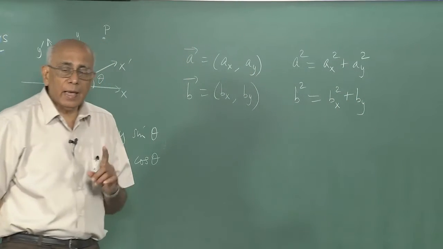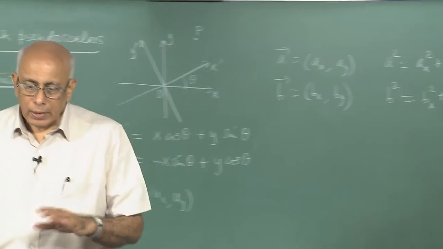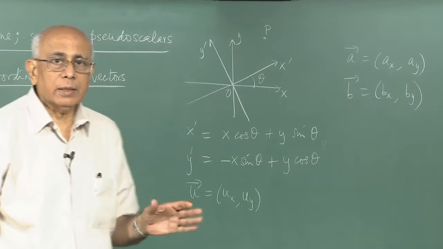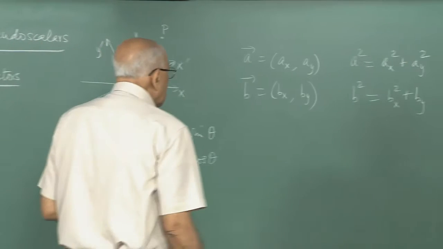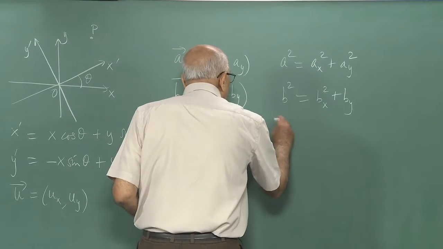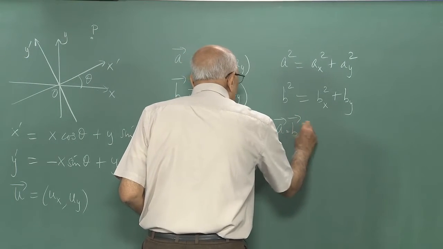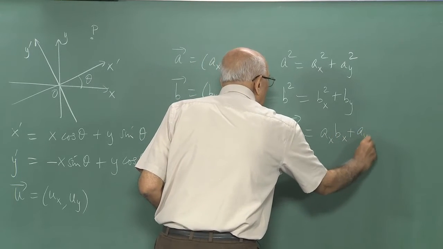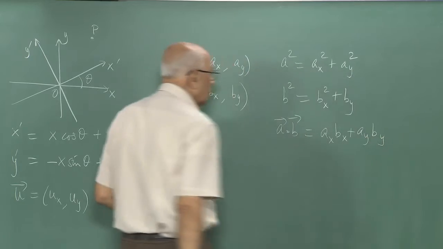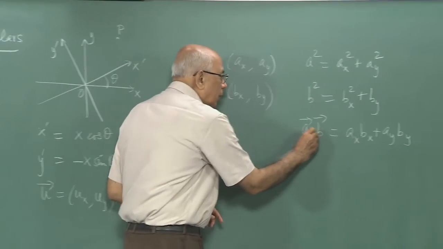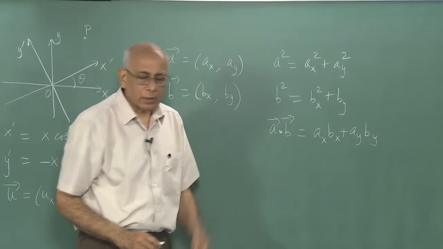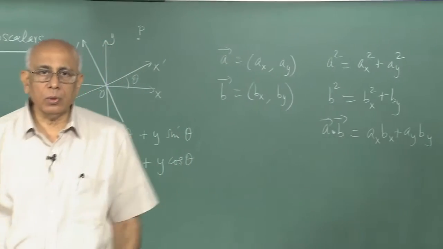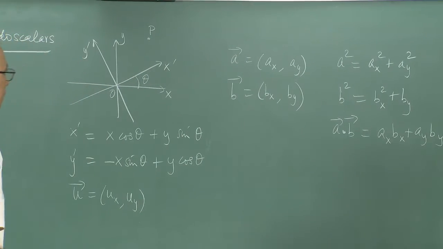And the third scalar that you can form, a quantity which does not change under rotations, is a dot b, which is equal to ax bx plus ay by. That too is a scalar, and that is why we call this the dot product, or more correctly the scalar product.